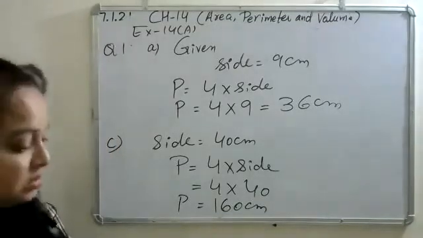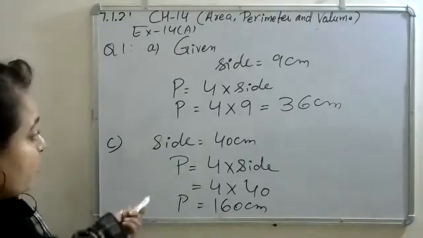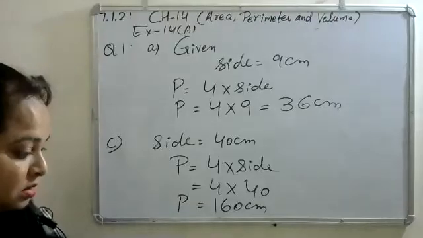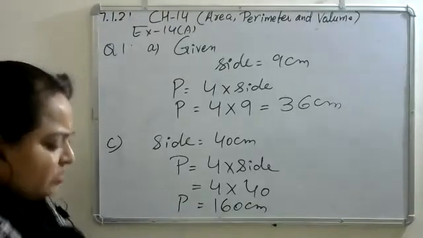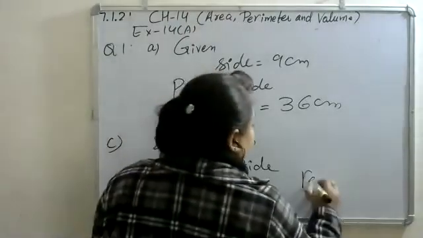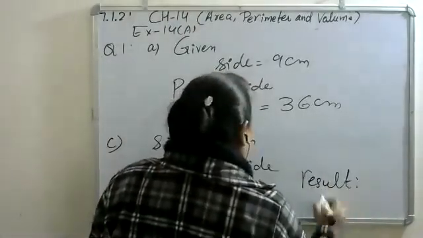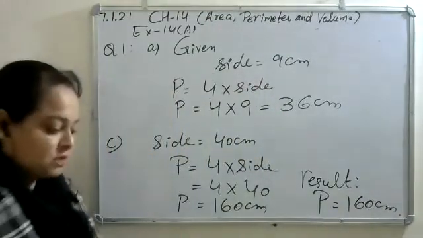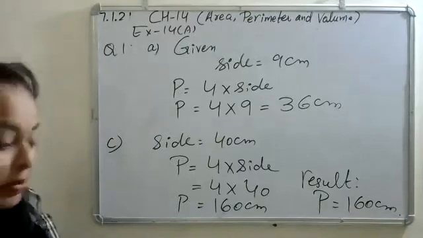After writing, write down in the chat box, we have done. Then I will start the next question. You can write the result also. So result: perimeter is equal to 160 centimeter. Your wish. There will be no compulsion.